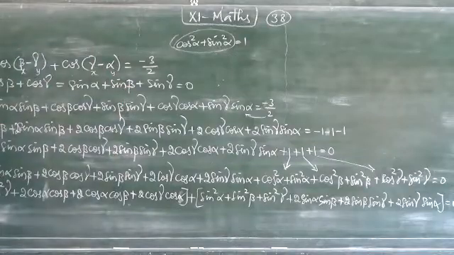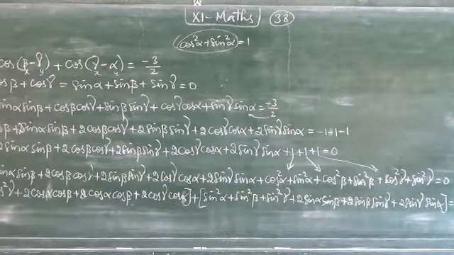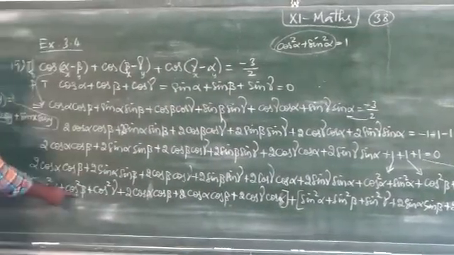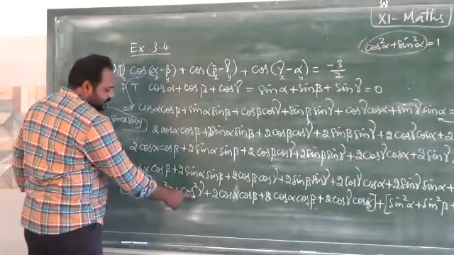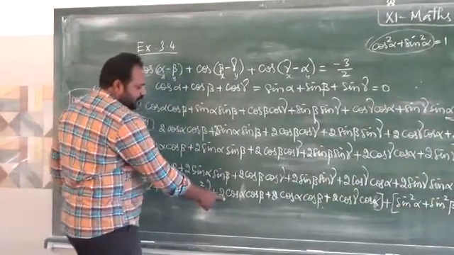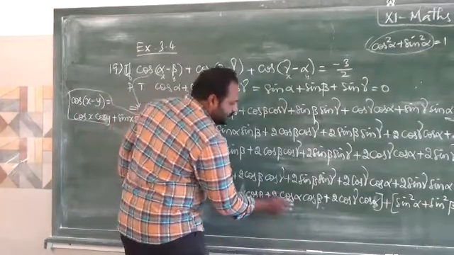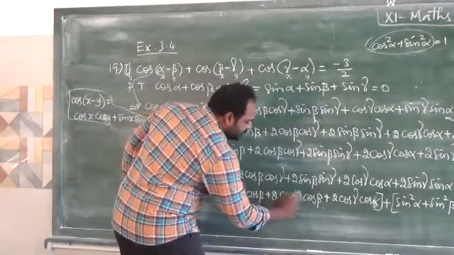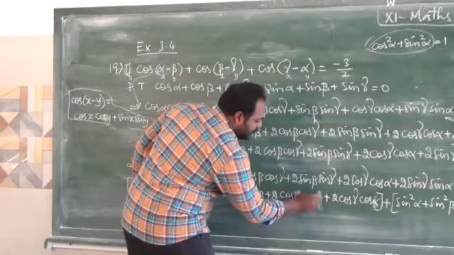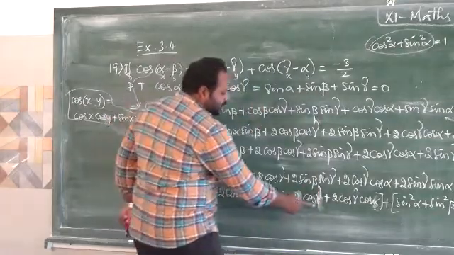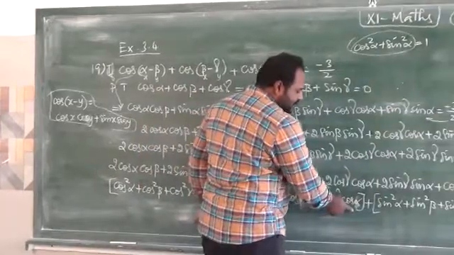After grouping, we just look at this step. Cos square alpha, cos square beta, cos square gamma plus 2 cos alpha cos beta, cos beta cos gamma and cos gamma cos alpha.